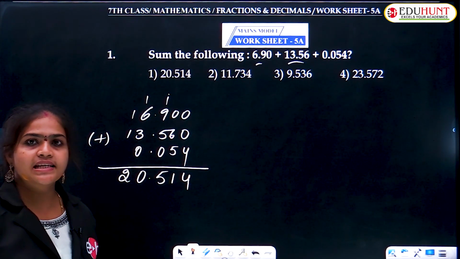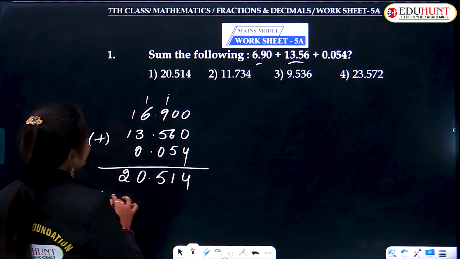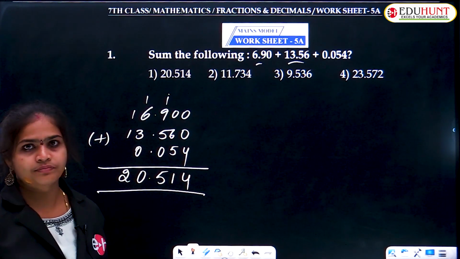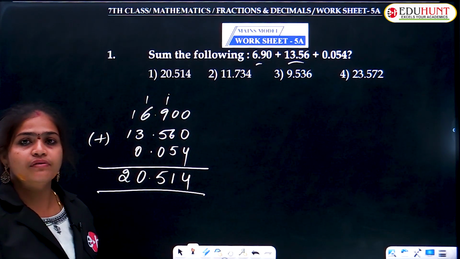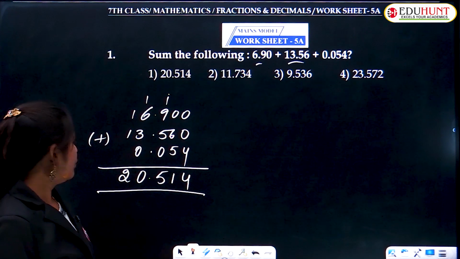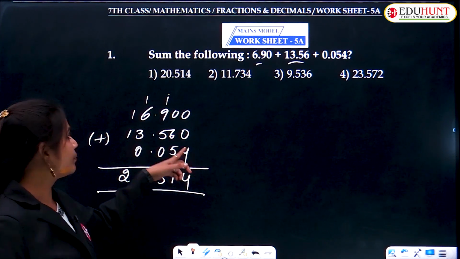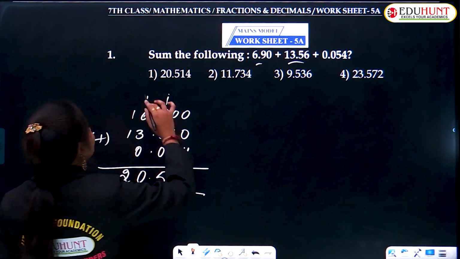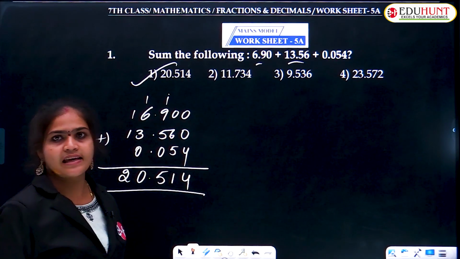Then finally the answer is 20.514. Decimal places are always read individually. So 20.514, which is option 1, is correct.